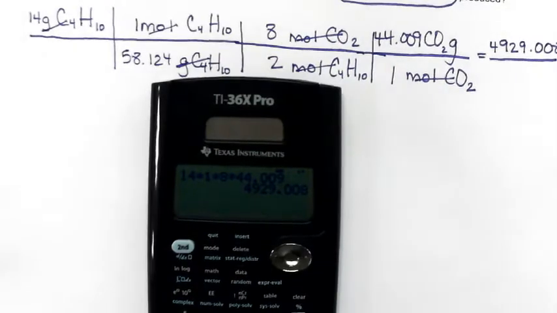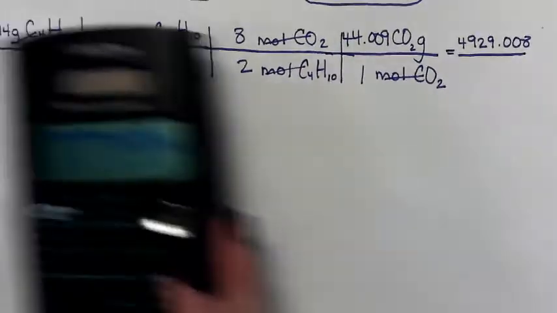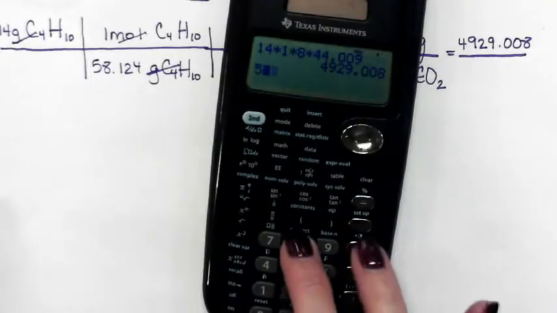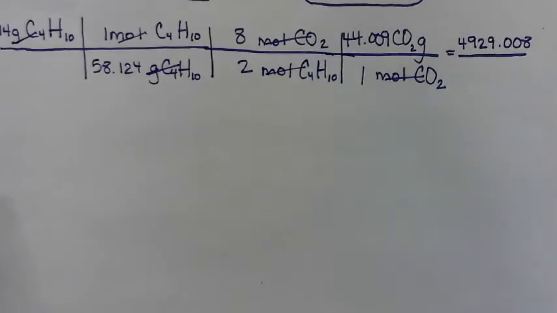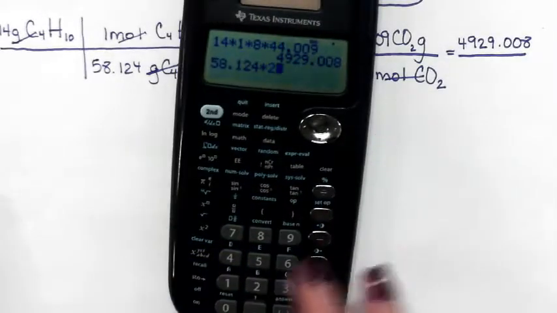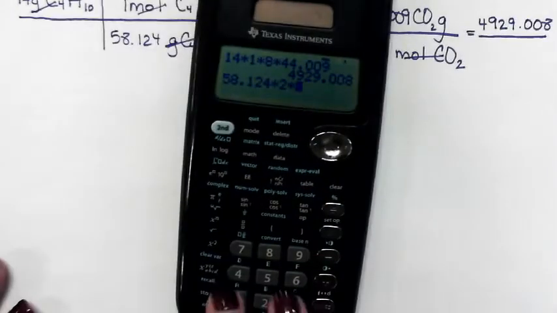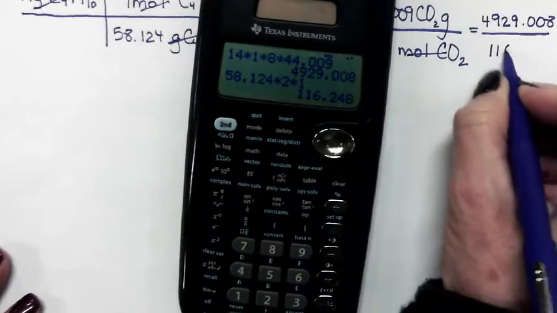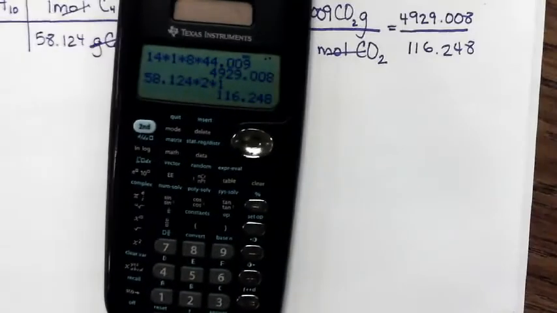That's my numerator. Okay, what's in my denominator? Let's see. 58.124 times 2 times 1. That gives me 116.248. That's in my denominator.